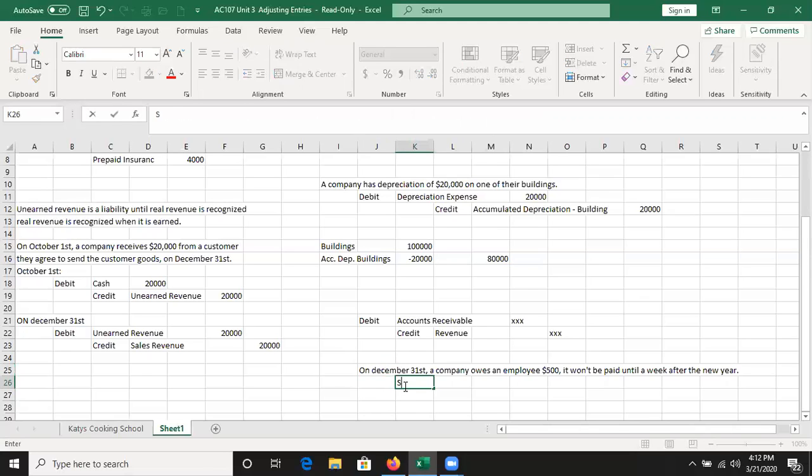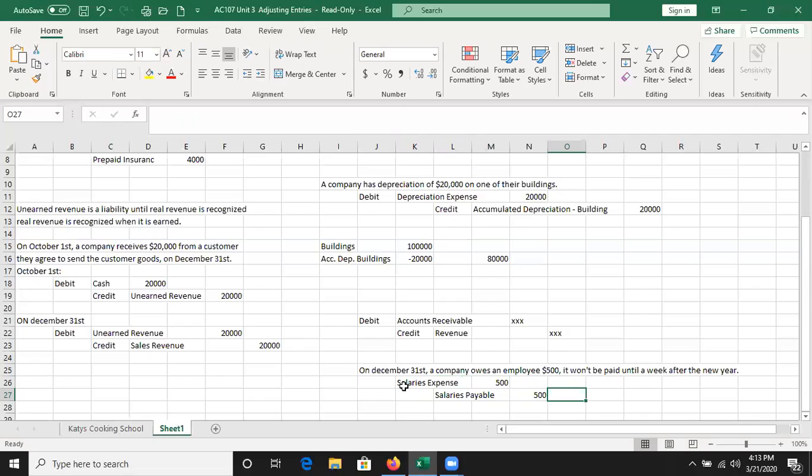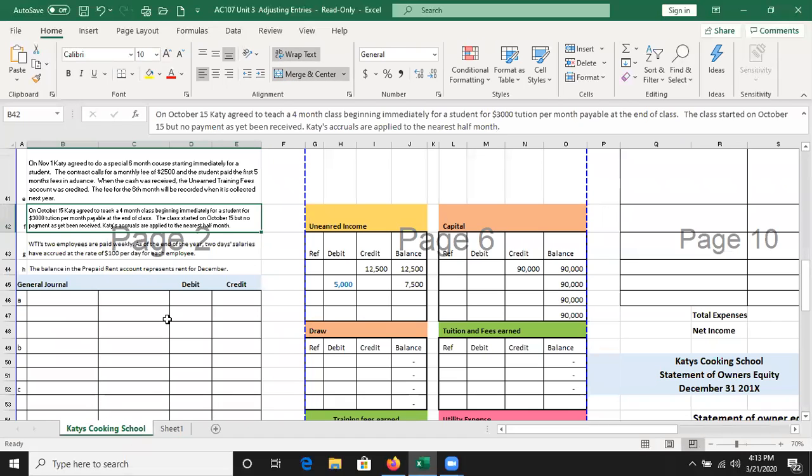So they would recognize salaries or wages expense of $500, and they would credit a liability, salaries payable, recognizing that they have to pay their employees $500 in the future. So use this as a general guideline when doing G.